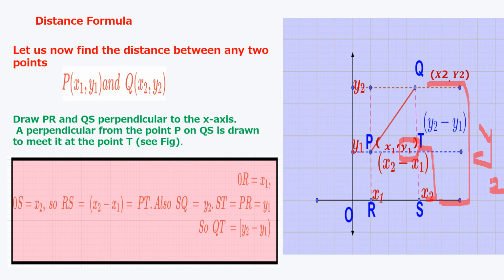Horizontal distance is the x coordinate and the vertical distance is the y coordinate. So the y coordinate is y1, so it will be the vertical distance. Here the y coordinate is y2, hence it will be the vertical distance of point Q.